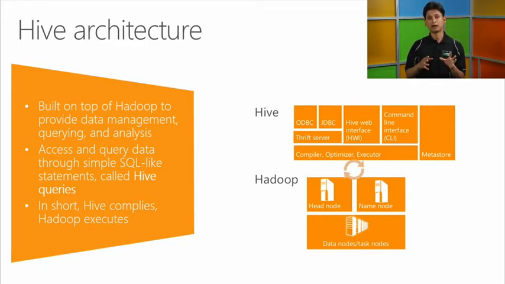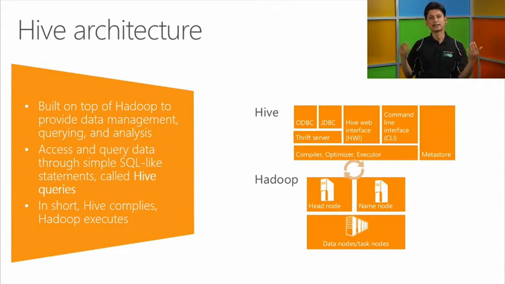If you look at the slide, there is this box called metastore, right? That's where the schema is stored, which is by the way just a database. In case of HDInsight, it's actually Azure SQL Database where the metastore is hosted.